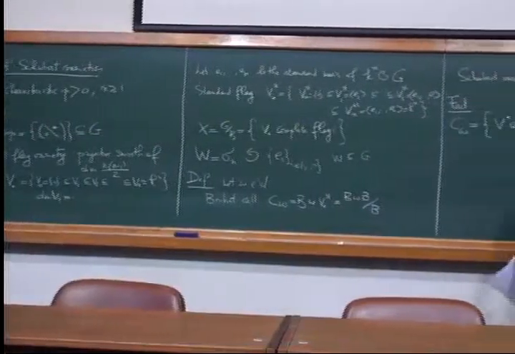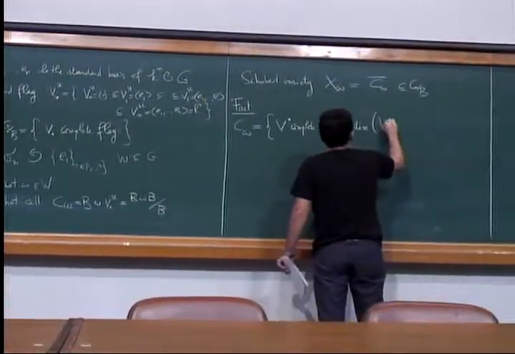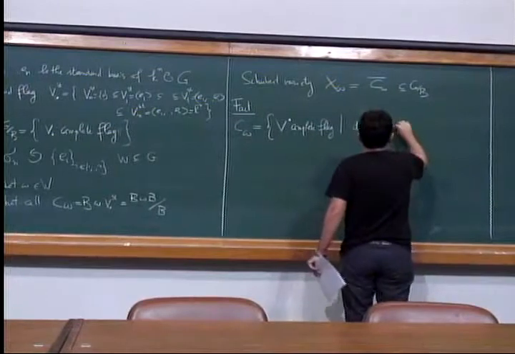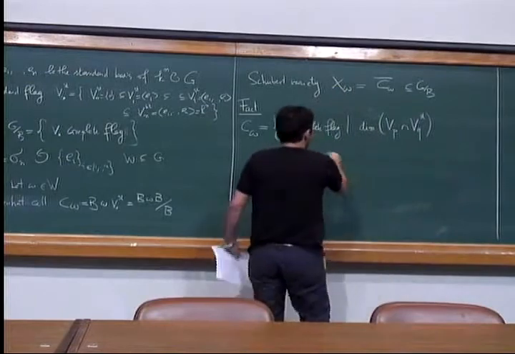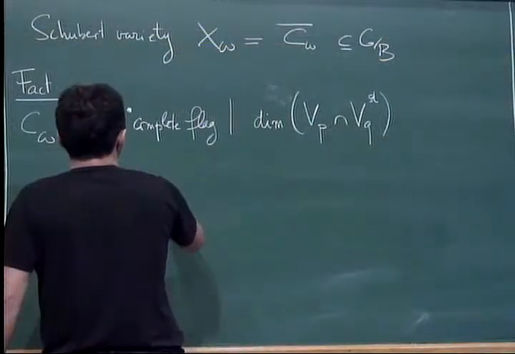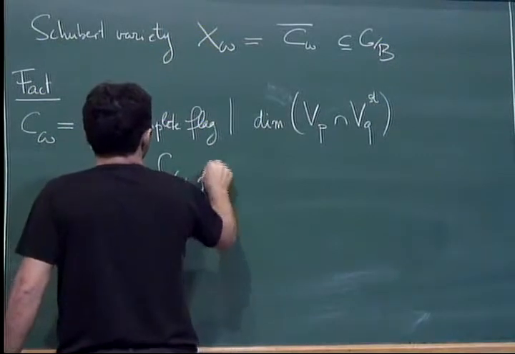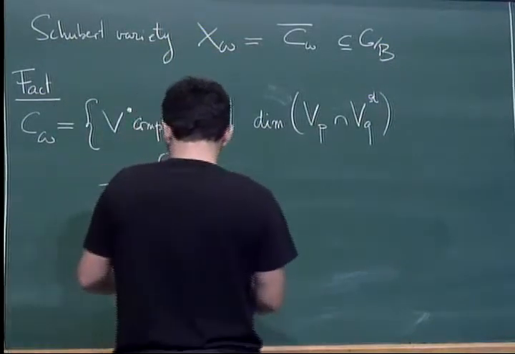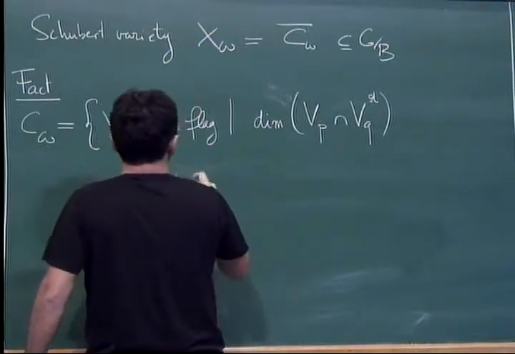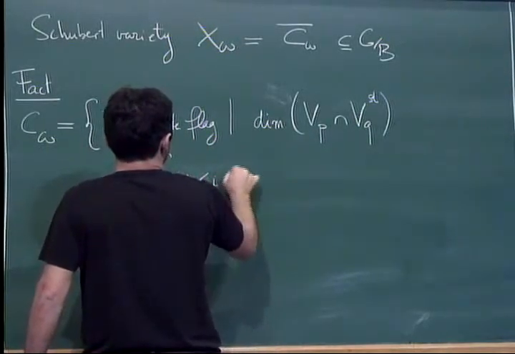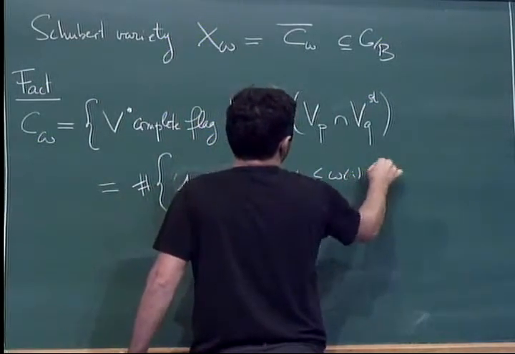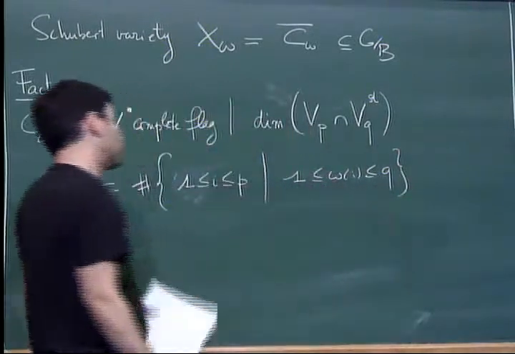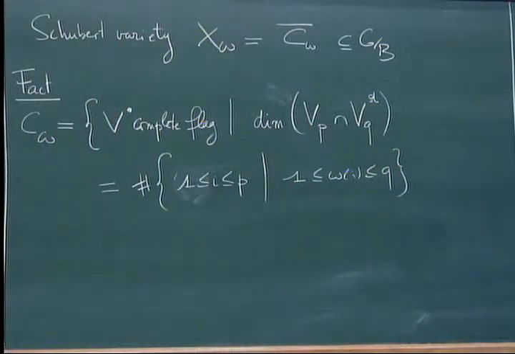So such that the dimension of V_p intersected with V_q standard is exactly the number of i's such that omega of i is greater or equal to 1 and less or equal to q. This is for all p and q.